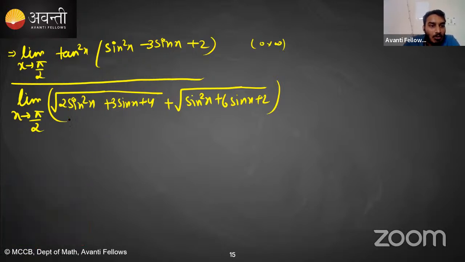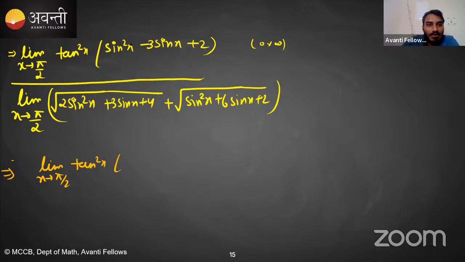So in the denominator, we can put x is equal to pi by 2, right? So substitute x as pi by 2. So what you will get? This can be written as limit x tending towards pi by 2 tan square x into this sine square x minus 3 sine x plus 2. So factorize this.